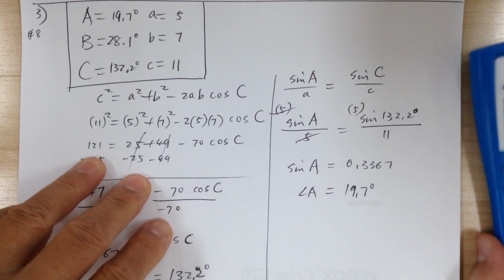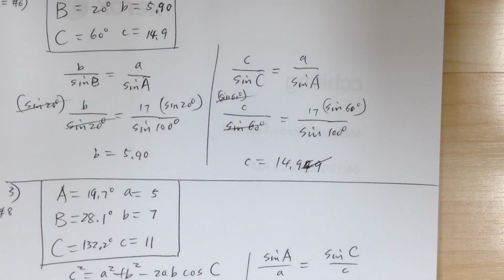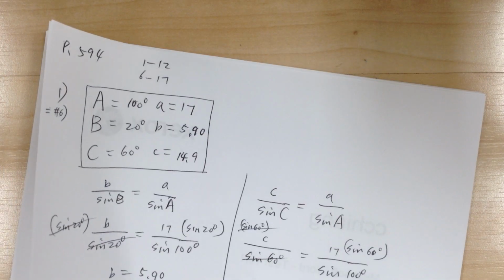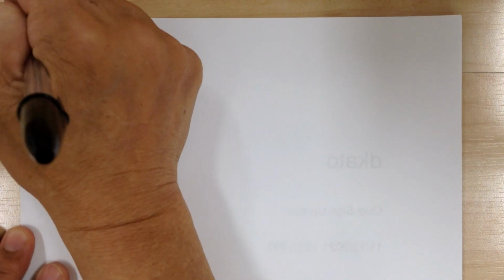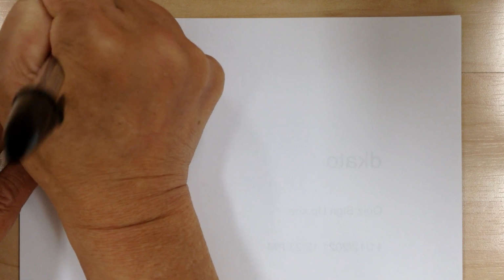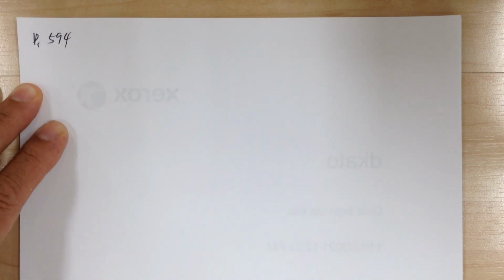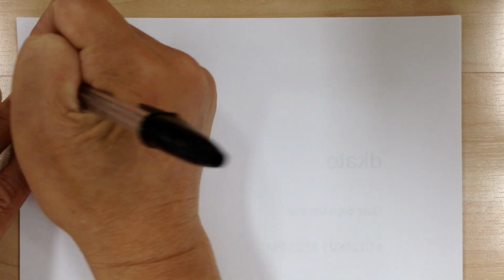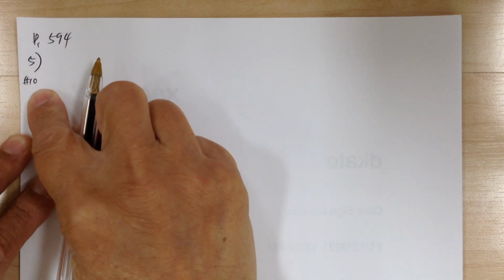Okay, let's go to the next one. Number 5 will equal number 10 on our oral exercise.